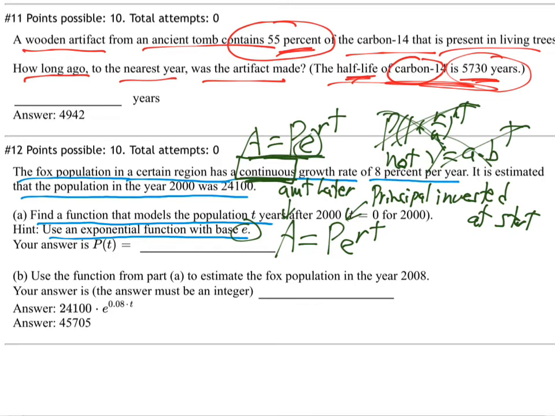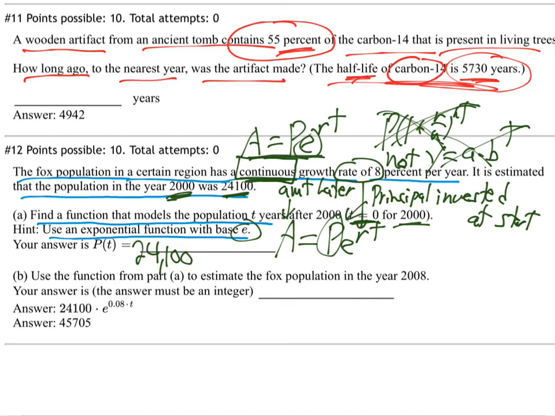Okay, so the formula then. It says the rate is 8%, so that's going to be the r. And it's saying that in the year 2000, it started off at 24,100. It wants me to use t equals 0 for the year 2000. So the formula is going to be the principal, the starting amount, which was 24,100.